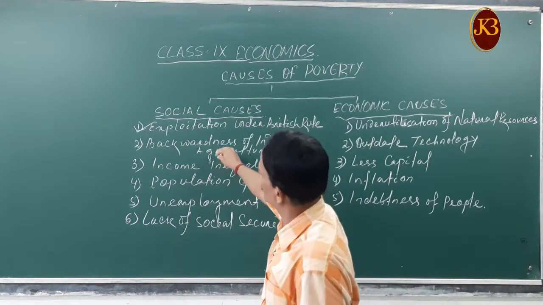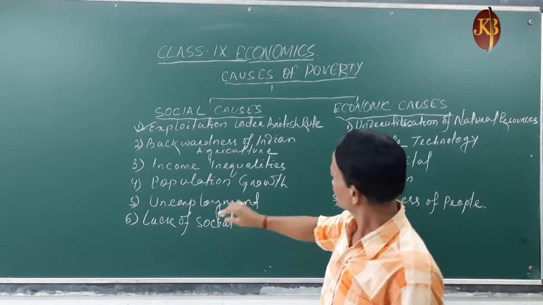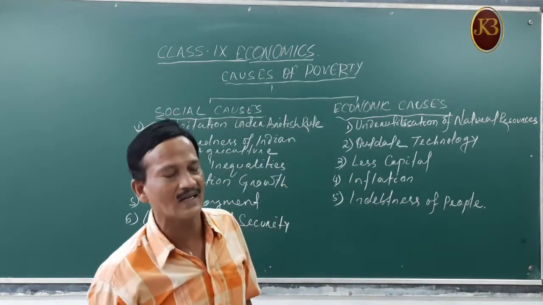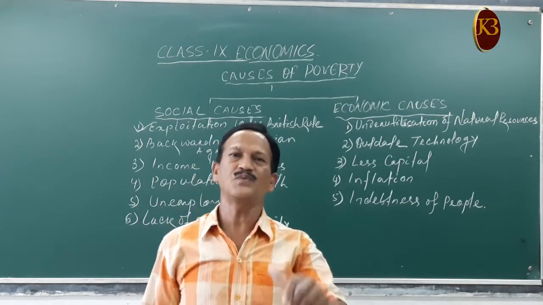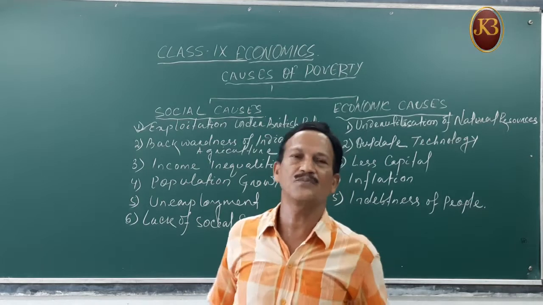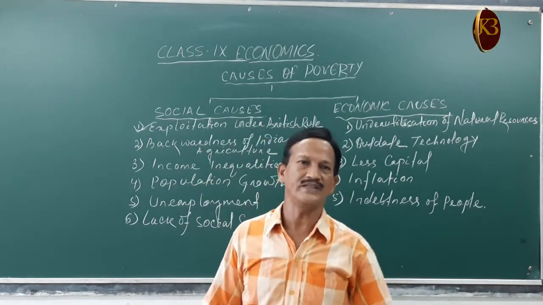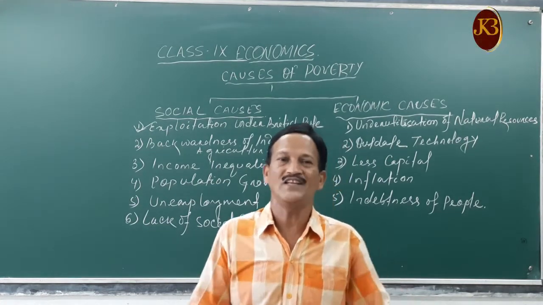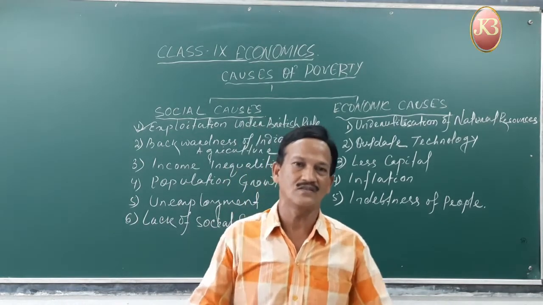Then the second cause is the backwardness of Indian agriculture. The Green Revolution started in India in the 1960s. Except Punjab, Haryana and Western Uttar Pradesh, the rest of the states did not follow the Green Revolution, meaning modern methods of cultivation in agriculture.